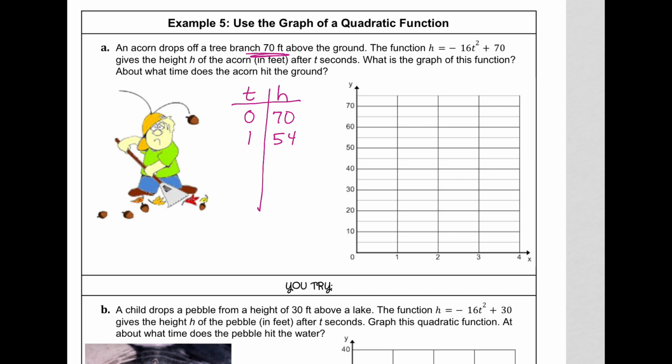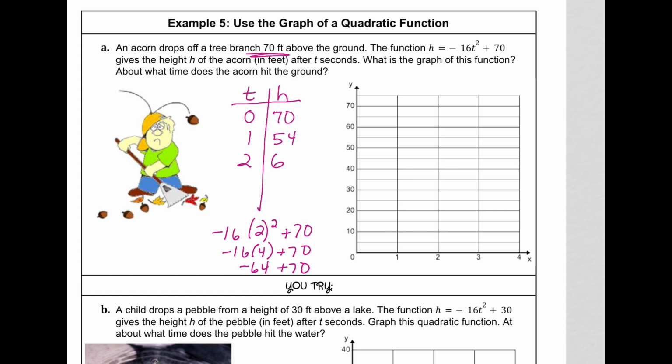So then if I tried 2, at 2 seconds, where's the acorn at? Again, I would put that into the equation. So I'd have negative 16 times 2 squared plus 70. So I'd have negative 16 times 4. That would be negative 64 plus 70, which would give me a height of about 6 feet at that point.